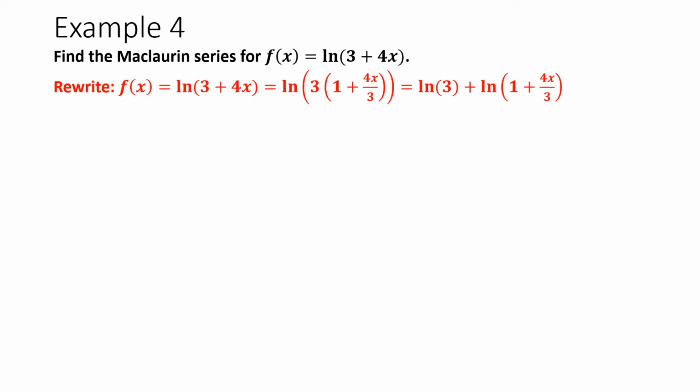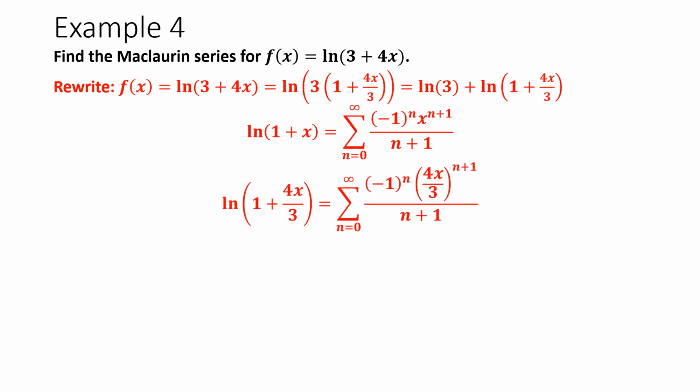I did that because the known series I want to start with is ln of 1 plus x, so I needed that 1 there, which is why I had to factor out the 3. If I start with my known ln of 1 plus x, I can build it by changing that x to 4x over 3. So in my summation, everywhere I see an x, I put 4x over 3.